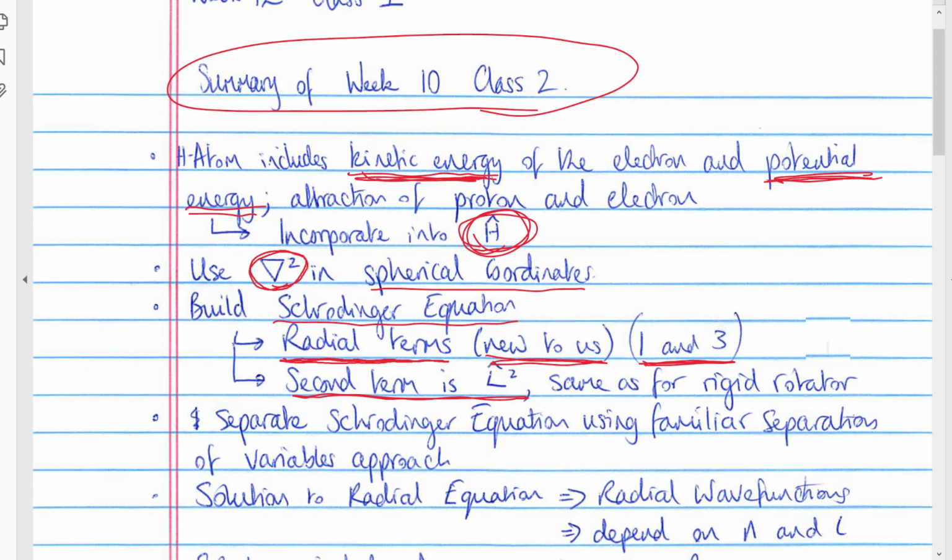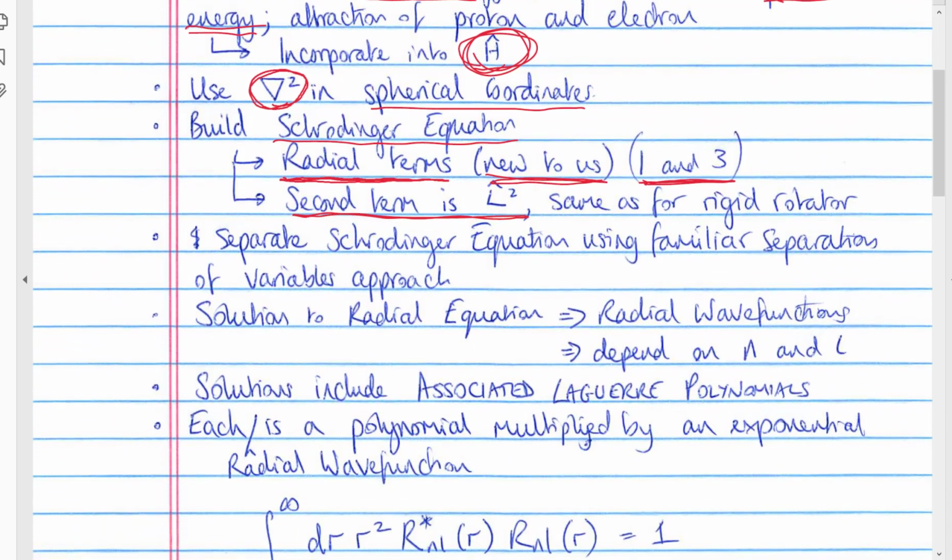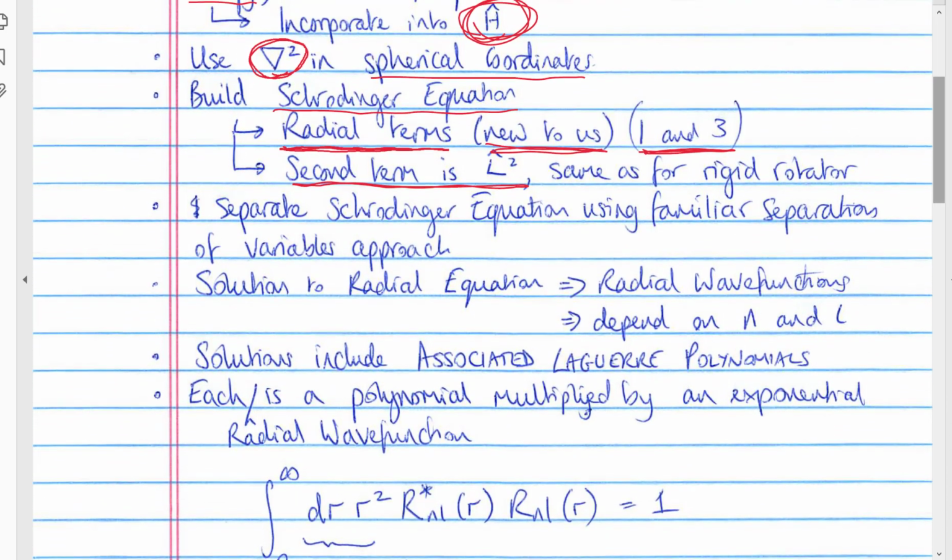So if we now continue to move through the summary, what we now know that we can do is we can separate the Schrodinger equation using our familiar separation of variables approach that came up in chapter 2 of the textbook. So that's in here. We also have a solution, therefore, to the radial equation.